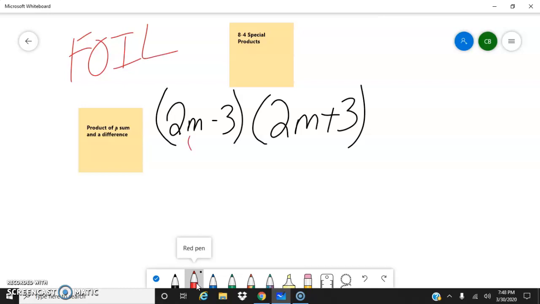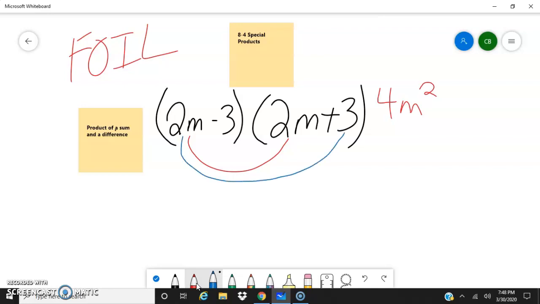First, we're going to multiply 2m times 2m. That's going to give me 4m squared. Now I'm going to get into my outside numbers. 2m times 3 is going to give me positive 6m.